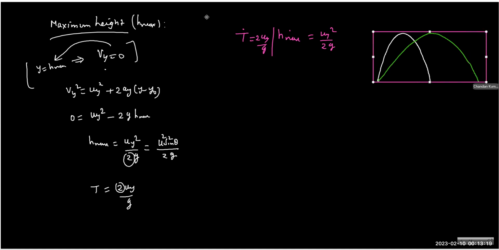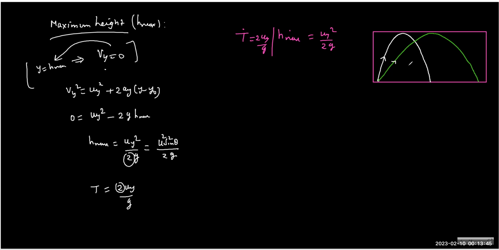Do you think they will take different time or the same time? Same time. Why will both take the same time? They are both rising up to the same height, right? Which means the time period will be the same, because they have the same maximum height, which means the same vertical component.